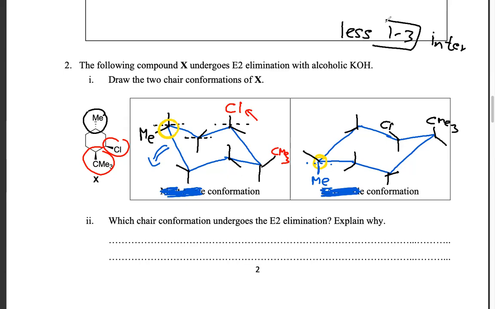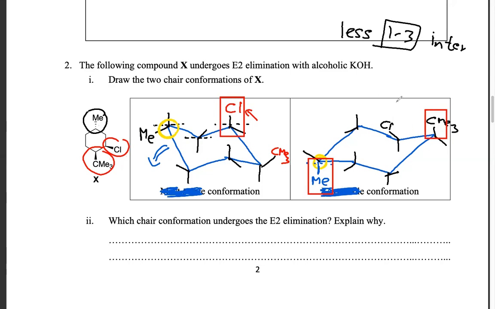The one with less 1-3 interaction is the most stable. 1-3 interaction means having more axial groups. Just imagine I indicate this as axial. This compound contains 3 bulky groups, Me, Cl and CMe3. Only one is axial here, but in the other one, this Me is axial and this Me is axial.